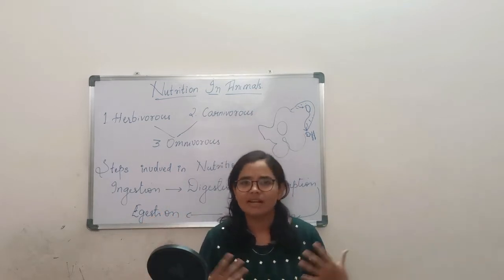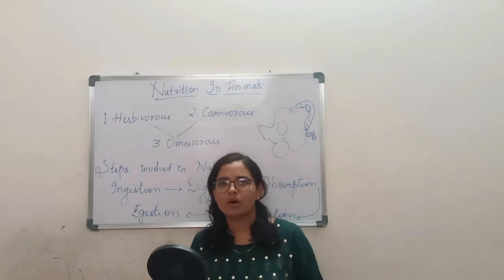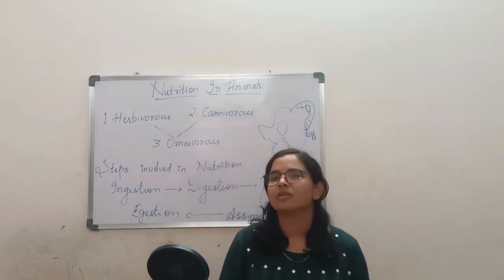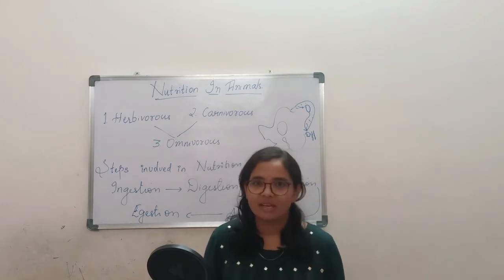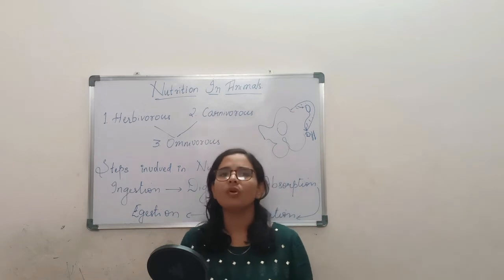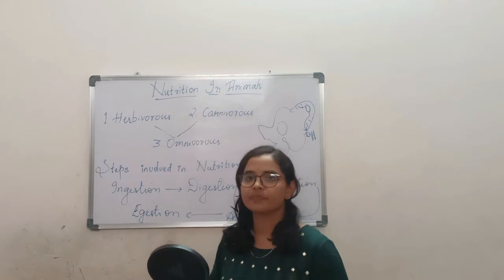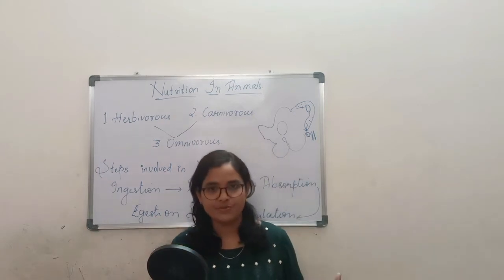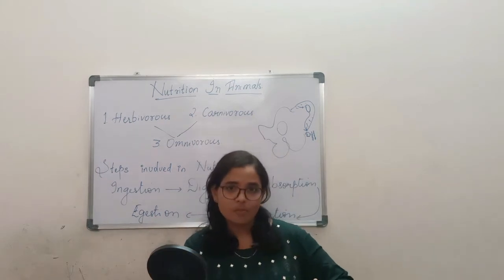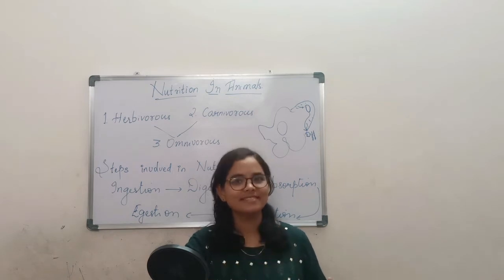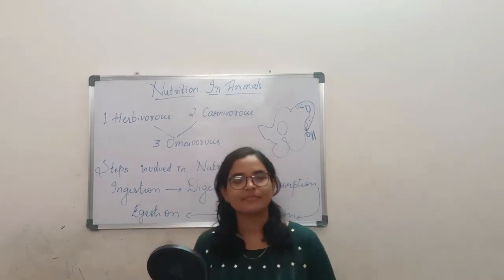Whatever undigested food comes out of this process, which the body doesn't require, is thrown out of the body through the rectum, and that is called egestion. So from the mouth: ingestion, digestion, absorption, assimilation, then comes egestion.